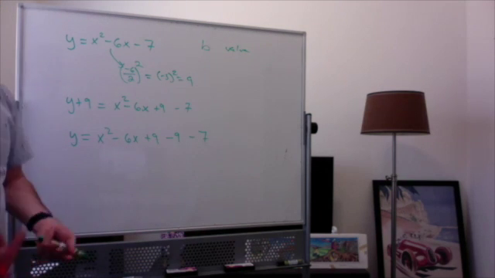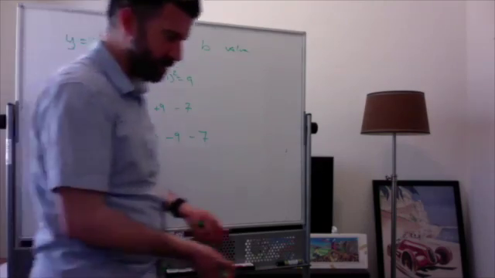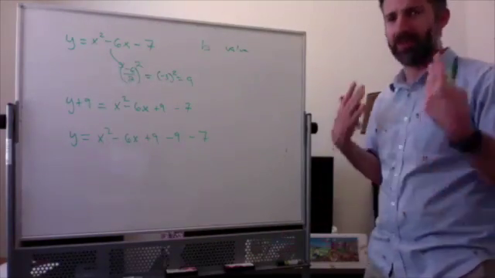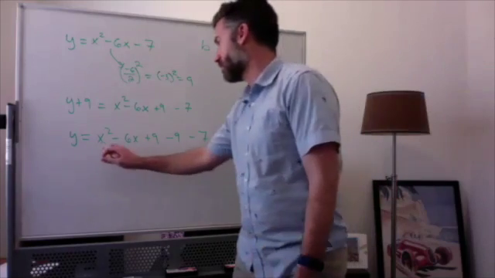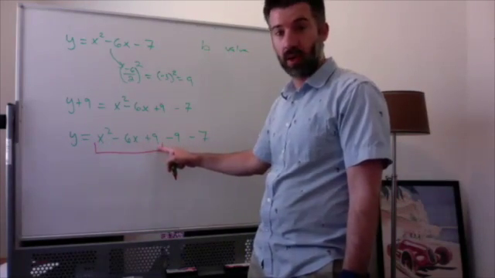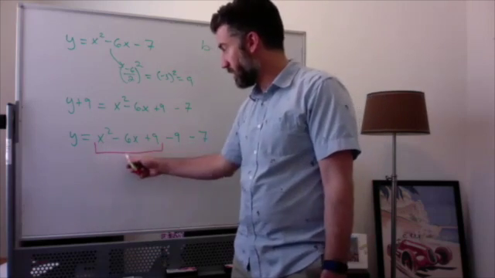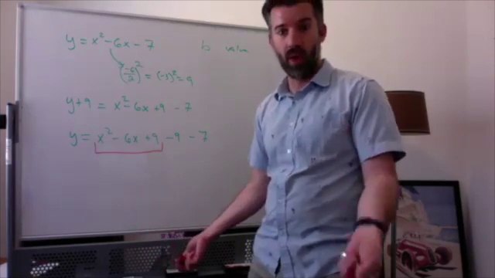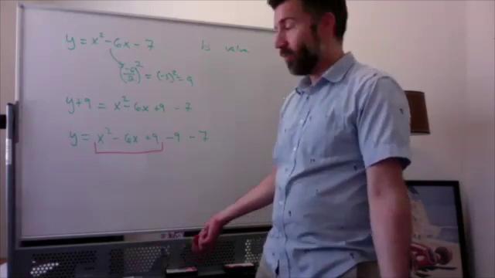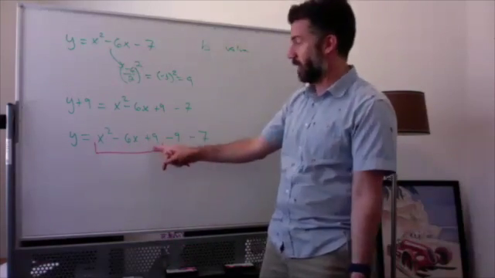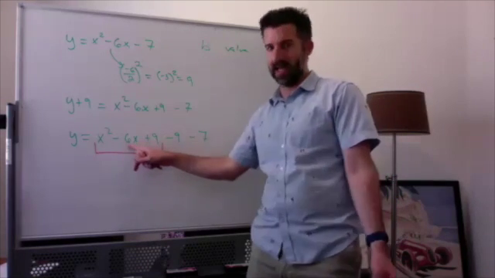The whole reason for doing this is because when you've added on that b over 2 quantity squared, this thing here factors, and it factors as a quantity squared, right? If you're trying to factor this, you'd be looking for numbers that multiply to 9 and add up to -6.